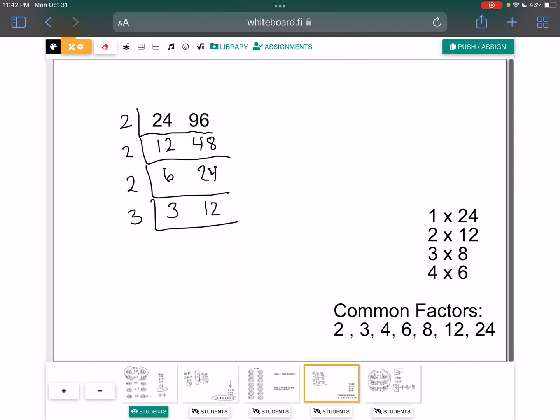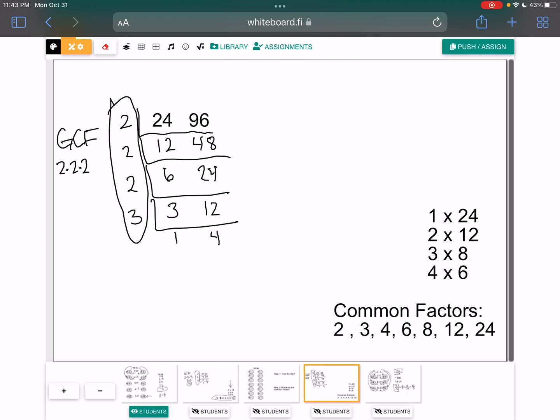And once one of the two numbers is not even, then you go to the next prime number, or prime factor. So in this case, 3 gives us 1 and 4. All right. So now we're done. Our greatest common factor is here on the side, and that's 2 times 2 times 2.